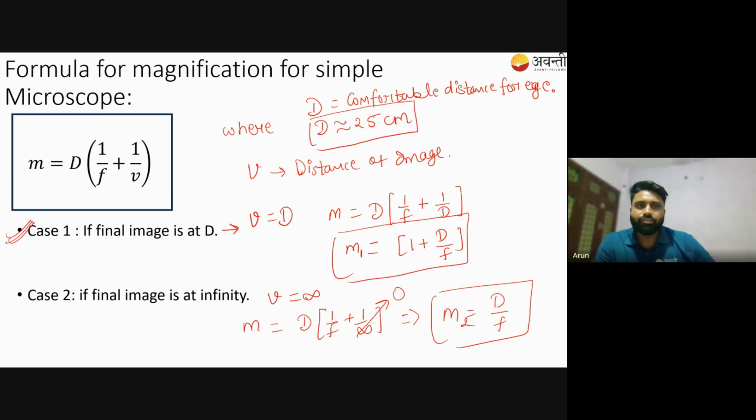So all the points should be noted down. Now the formula for magnification is M equals D into 1 upon F plus 1 upon V, where V is the distance of image, capital D is the comfortable distance for the eye, which is nearly equal to 25 centimeter.